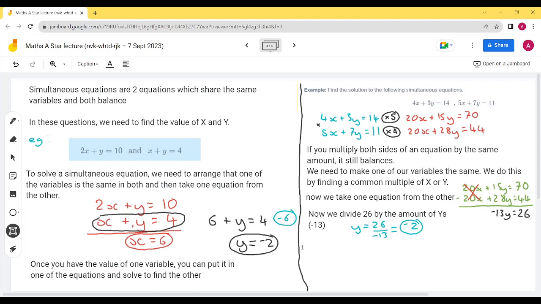And now, just as before, we put our value into one of the original equations and solve. Okay, so we've got that here.